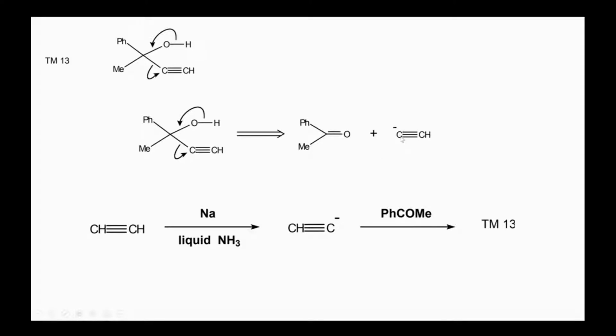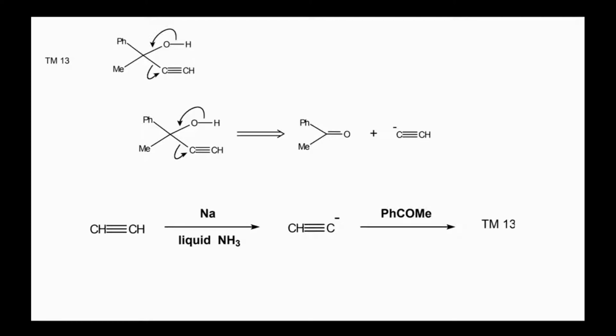As you are very familiar with these alkynes, the alkynes contain 2 CH units which are acidic in nature. What I mean by acidic is that the pKa value of these alkynes is pretty low and they can be deprotonated with a strong base such as sodium in liquid ammonia to generate a negative charge.